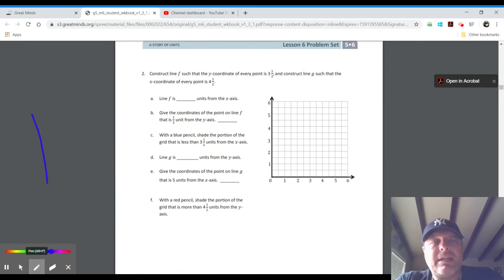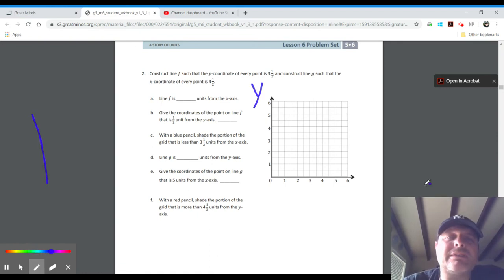It says, construct line F such that the y coordinate of every point is 3.5, and construct line G such that the x coordinate of every point is 4.5. Okay, it took me a second to read this, but I understand it now.